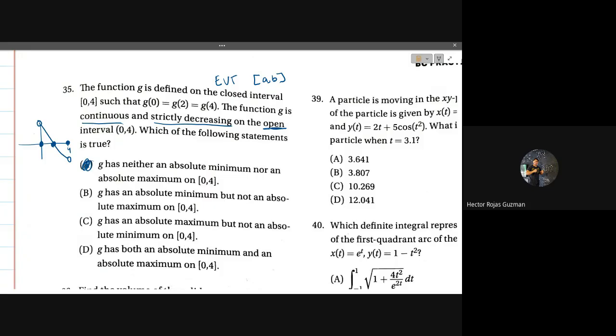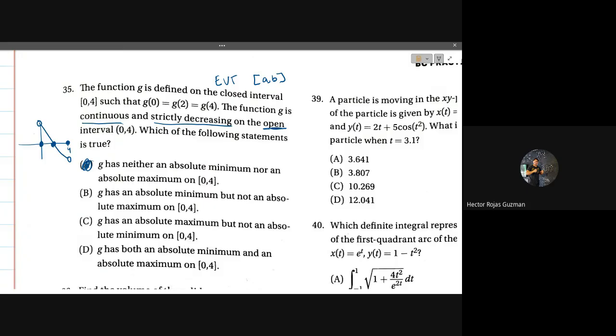But let's just check the other ones real quick. G has an absolute minimum, but it has no absolute max. No, that's not true. C is kind of like the opposite. G has both a max and a min. Okay. All the other choices, they say that we have a max, a min, or both. And we can't have them.